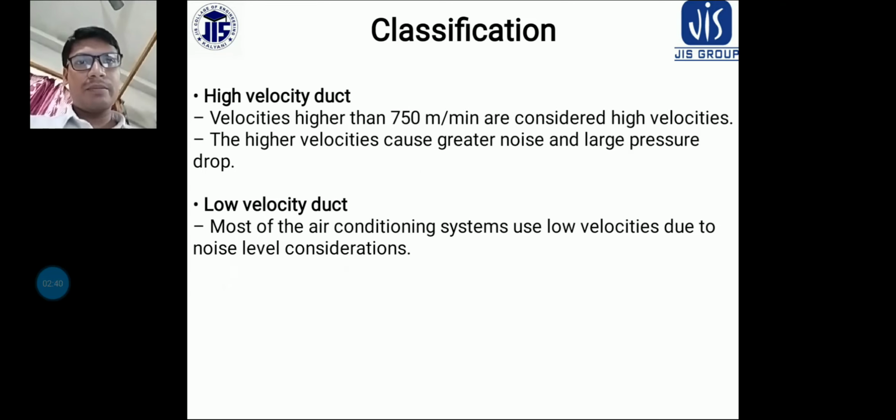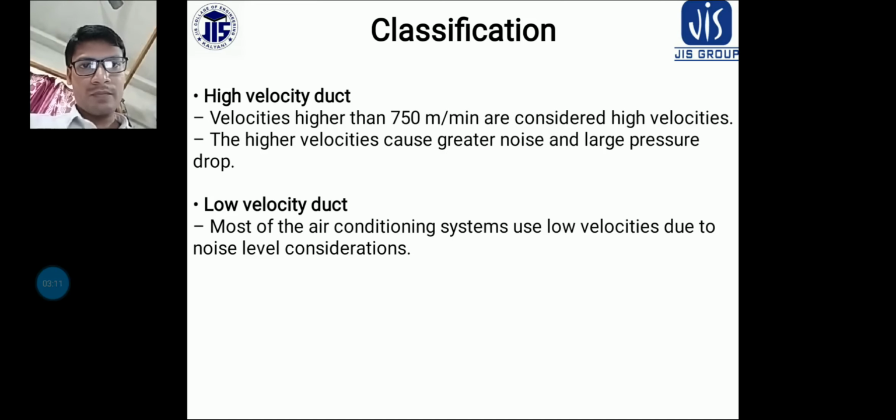Okay, if I am classifying the ducts, high velocity and low velocity duct, I can classify into two types. High velocity duct means velocity higher than 750 meter per minute is considered high velocity, and the higher velocity causes great noise and large pressure drop.